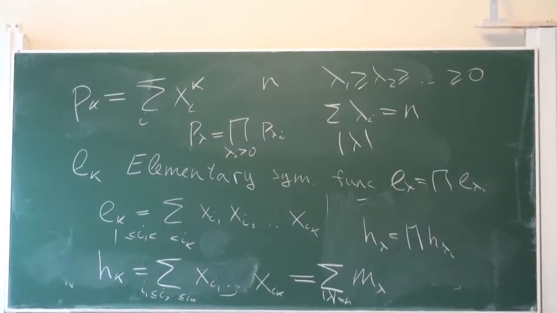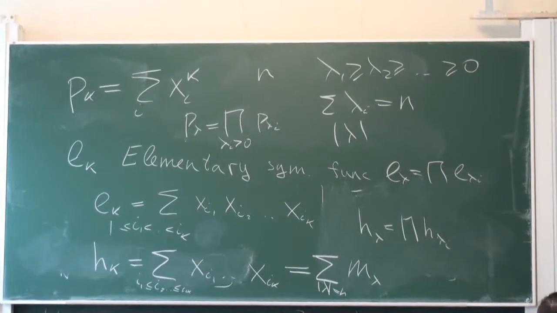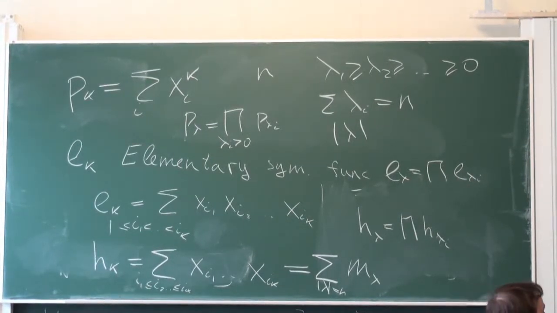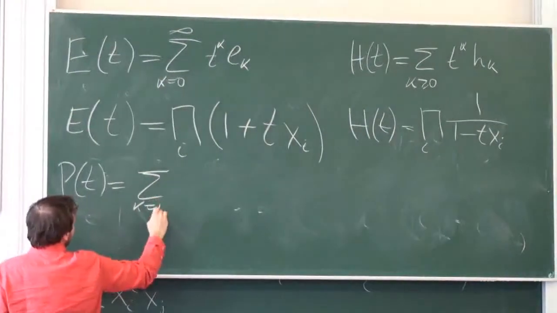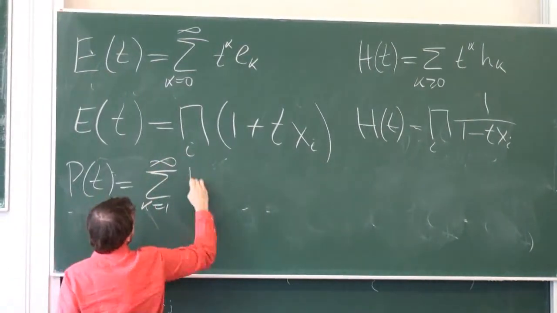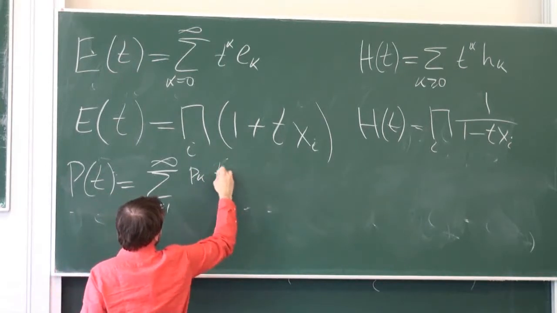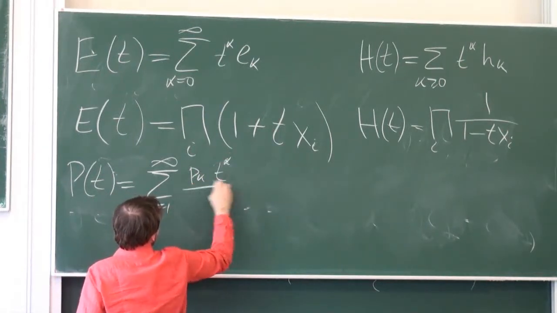Finally, for the power sums, we will consider a little bit modified generating function, which is the following. P of t will be the sum from k equal 1 to infinity of pk t to the k divided by k.